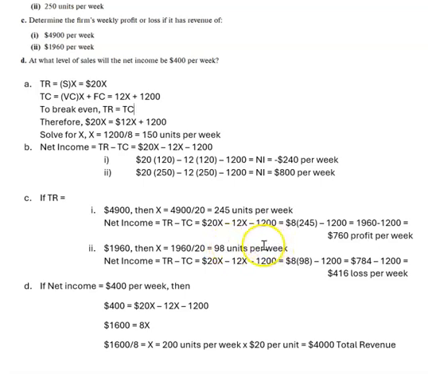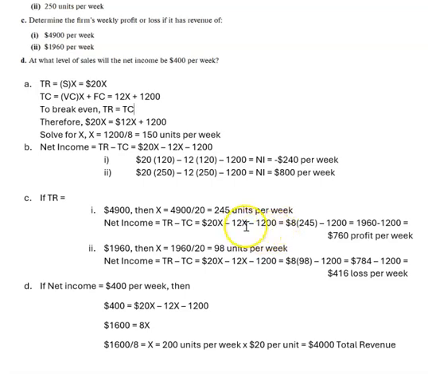Now that we know what the units are, we can fit it into the equation. Net income equals total revenue minus total cost, which is your 20X, which we know is the 4,900. We need to subtract off the 12X, where X represents the number of units, and we know the number of units is 245, and subtract 1200.